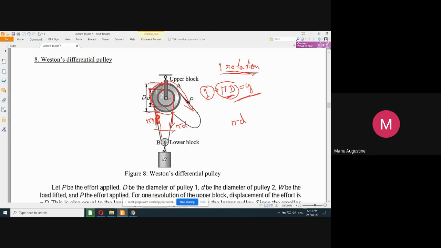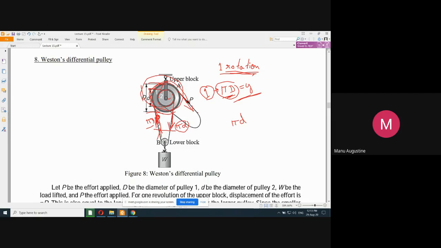Now we have a situation in which, in one complete rotation of the whole structure, pi into capital D amount of rope is being pulled up and pi into small d amount of rope is supplied downwards.